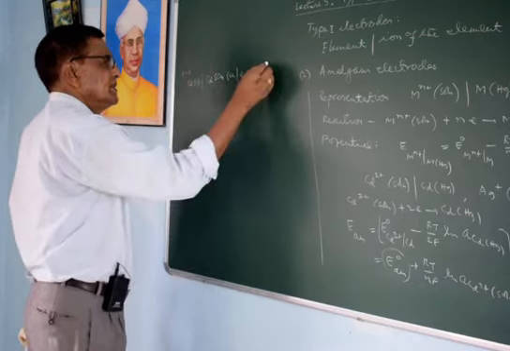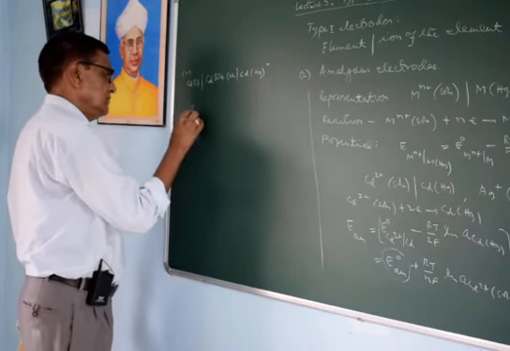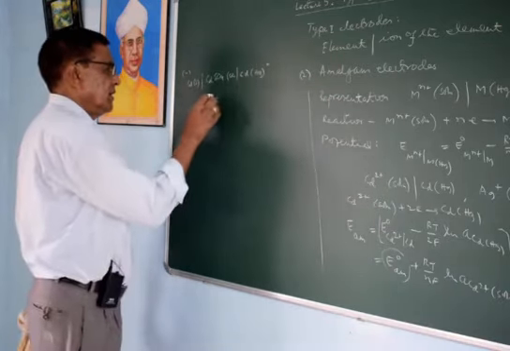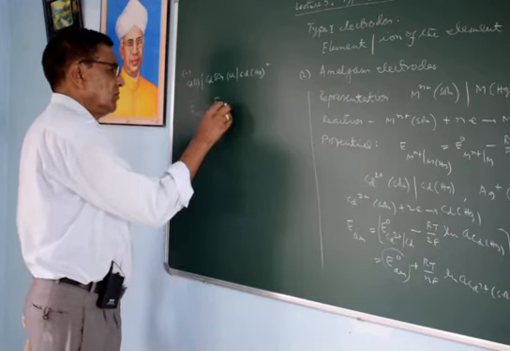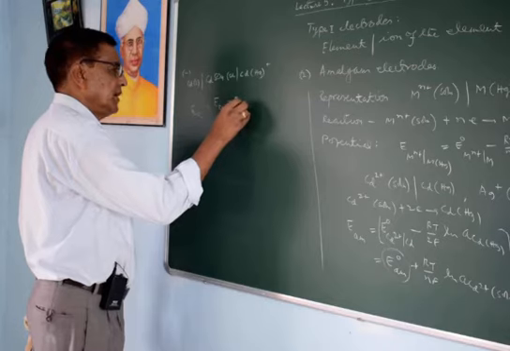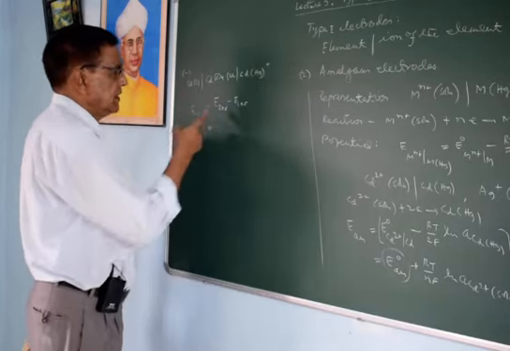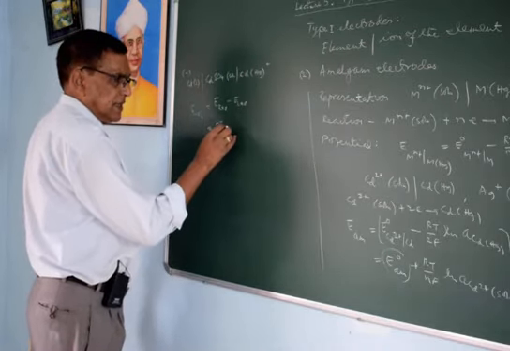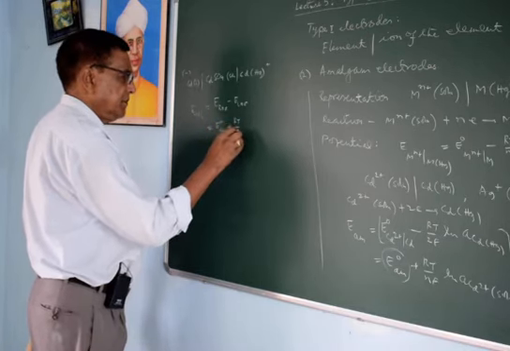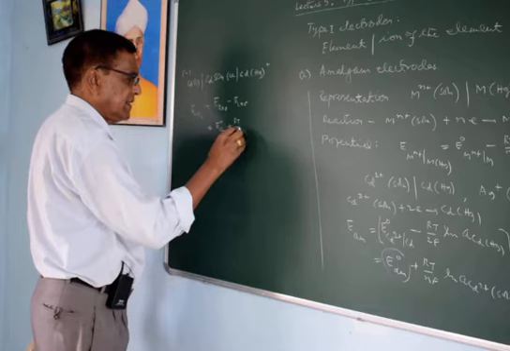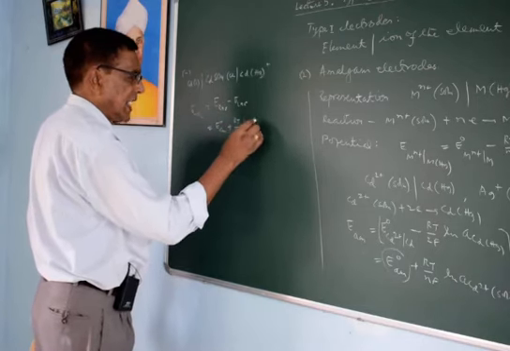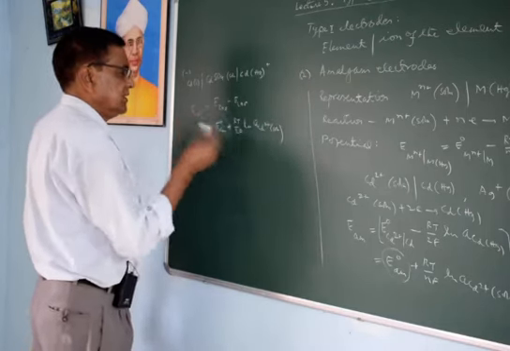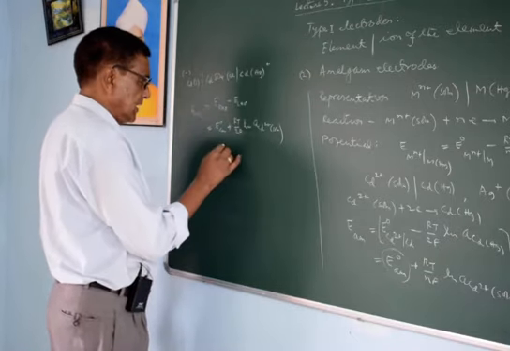This is the negative electrode and this is the positive electrode, and this E cell can be determined by means of a potentiometer. E cell is E right-hand electrode minus E left-hand electrode. The right-hand side is E naught amalgam plus RT by 2F ln of the activity of cadmium 2 plus in solution.